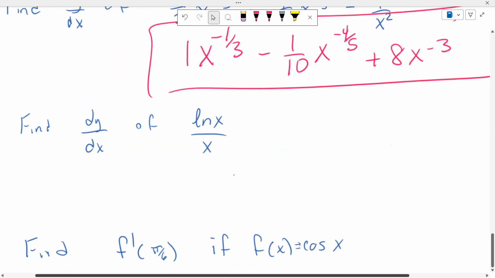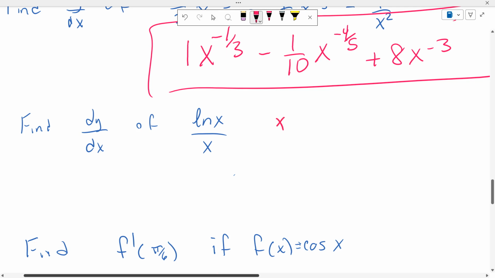Find the first derivative of the ln of x over x. Well, what rule would you use for this? The quotient rule. So, how do you do the quotient rule?